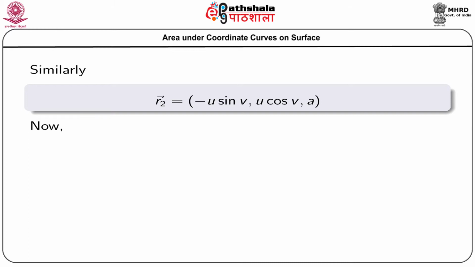Similarly, R2, that is Rv, that means we are taking the partial derivative of R with respect to v, and we are getting R2 equals minus u sin v, u cos v and a.